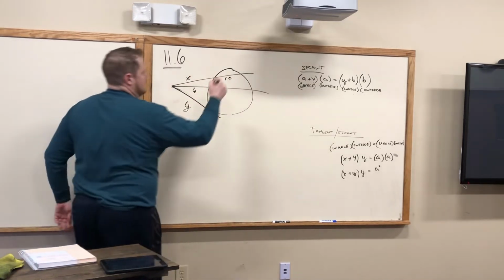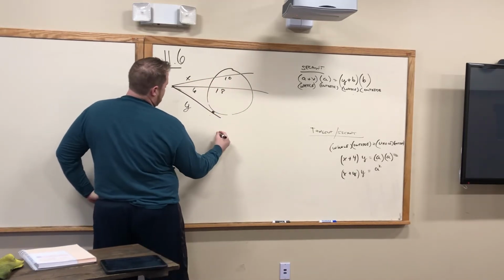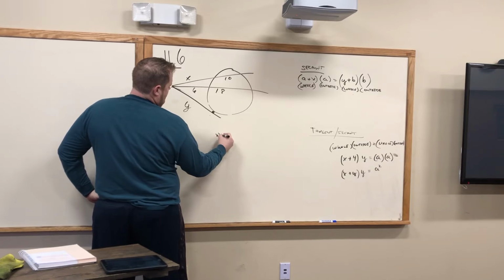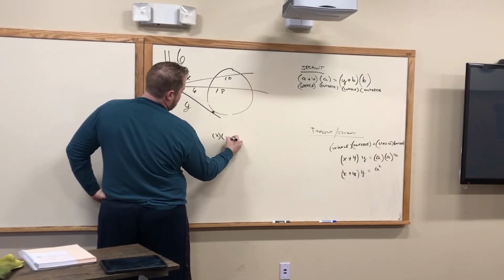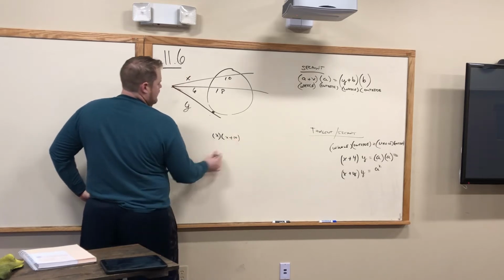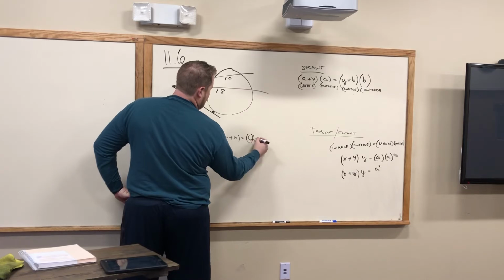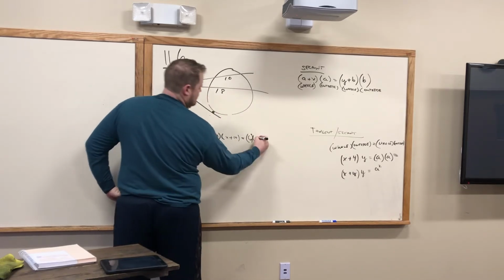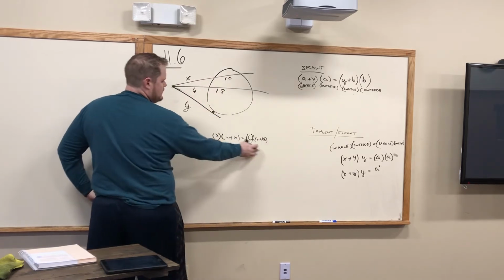Well, how would we solve for x? We're going to use there are two secant lines. So what is our equation? So it's going to be x, the outside, times the whole, which is x plus 10, equals the outside times the whole, which is 6 plus 18. And so we do the math here.